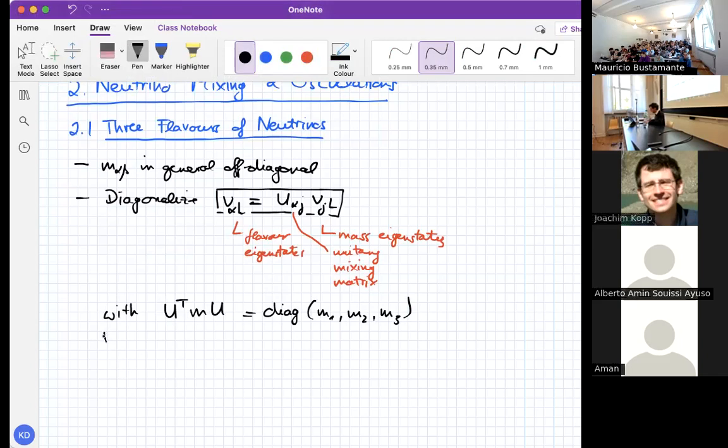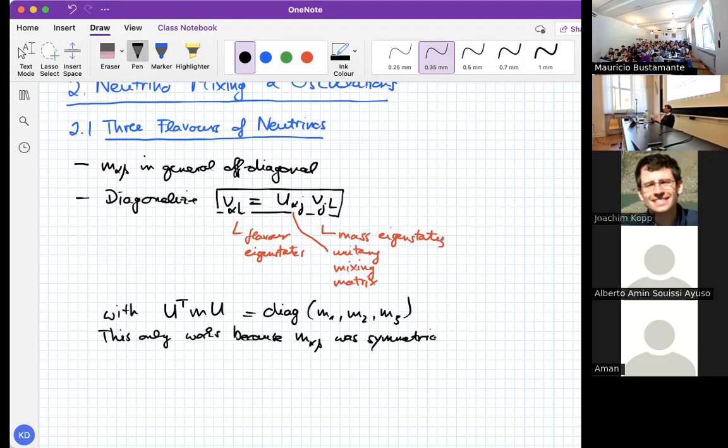And this only works because we had the requirement that M alpha beta had to be symmetric.